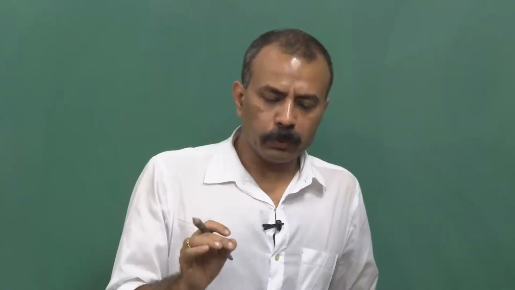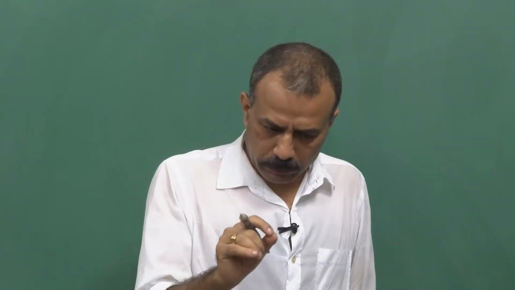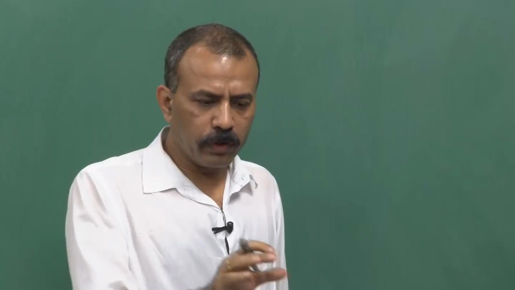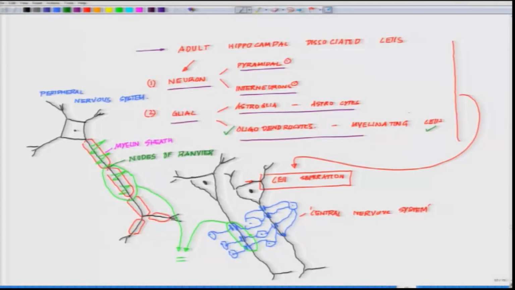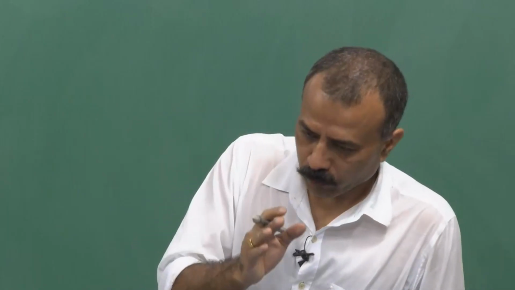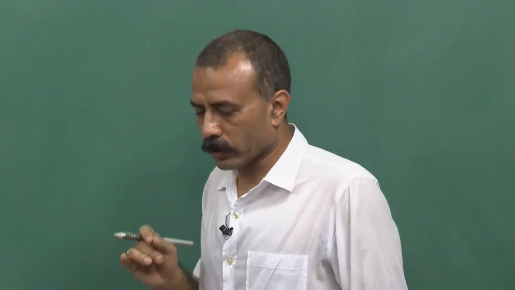So, what I will do in this class, after giving you this brief idea, because now we are dealing with oligodendrocytes and astroglia, is that once you know the function of all these things, I will define how one can separate them out and how one can reintroduce all these things into the system.